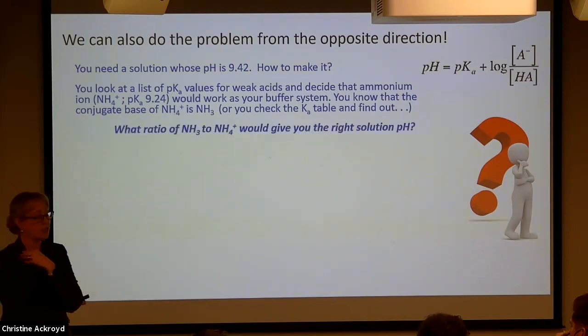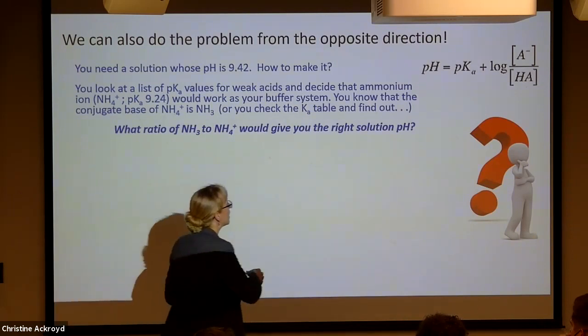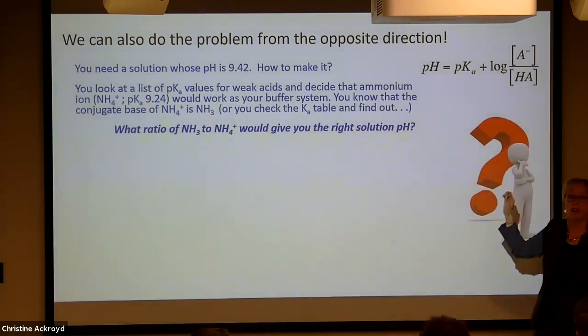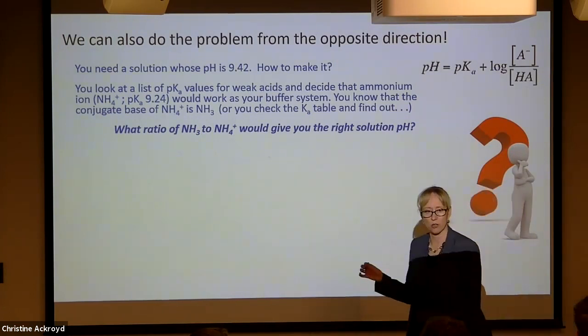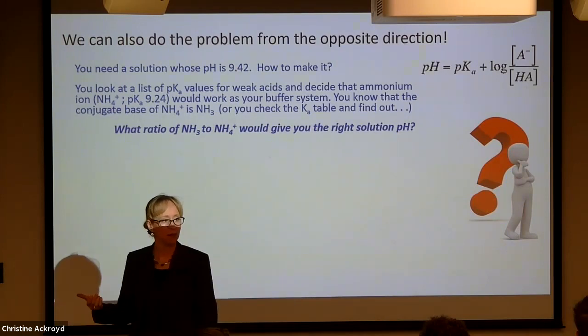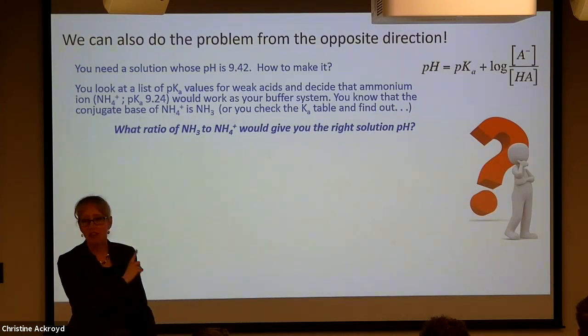So the real question is, what's the ratio of ammonia to ammonium? Now notice something. The Henderson-Hasselbalch equation is expressed in terms of concentration ratio. Is the ratio necessarily the concentration ratio?